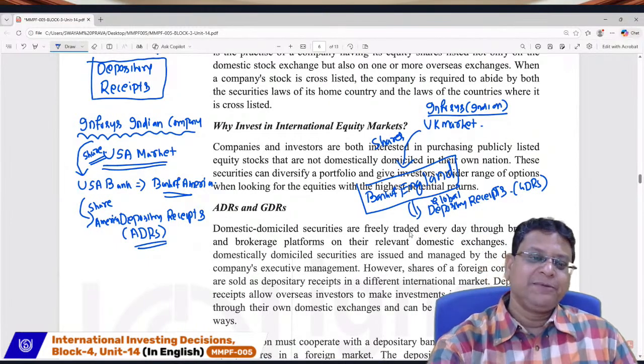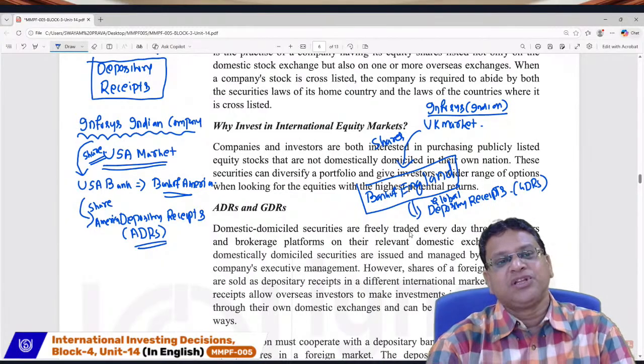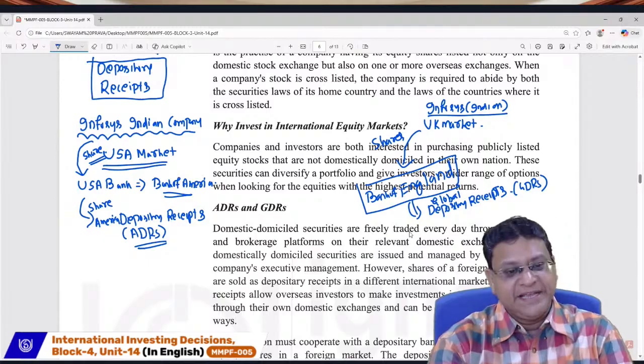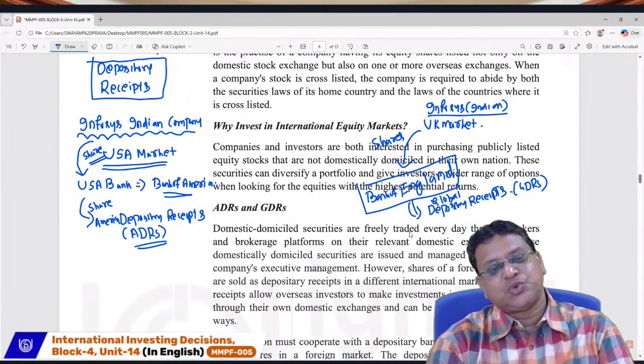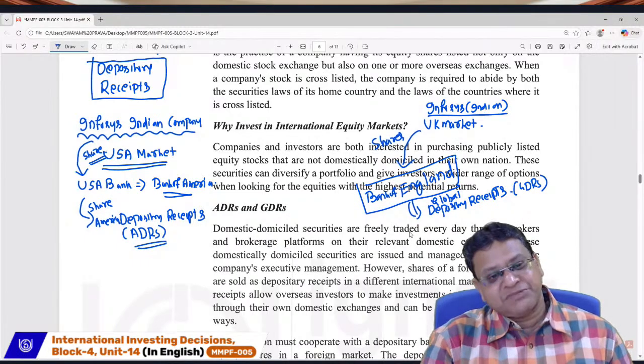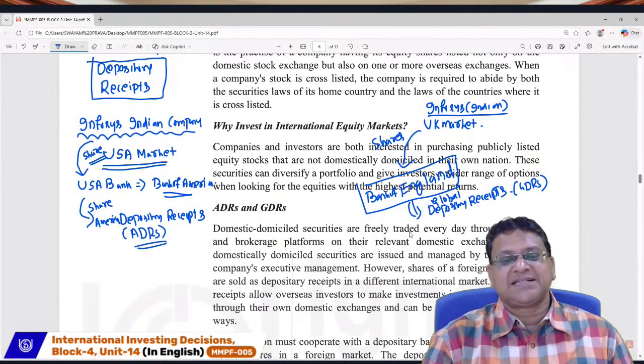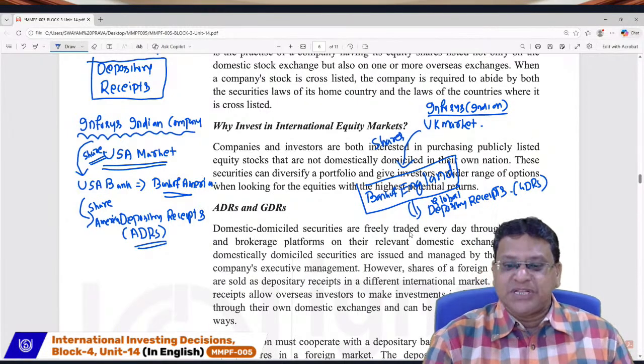So if an Indian company wants to issue shares in the US market, it will go for the ADR route, and if it wants to raise shares in any market other than the US market, it will go for GDRs or global depository receipts. ADRs and GDRs are depository receipts.